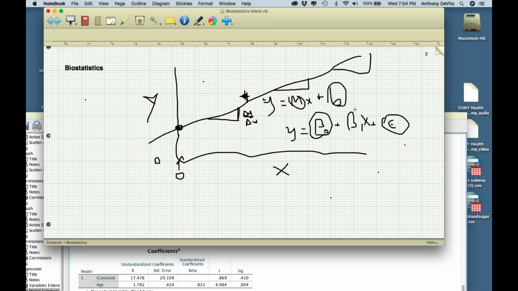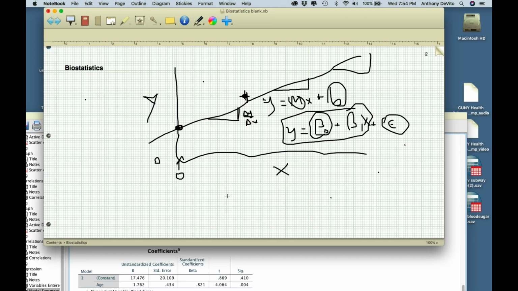Okay, so this formula, y is equal to mx plus b, or in this form, y is equal to b1 x plus b0, the slope times x and the y-intercept, describes this relationship.